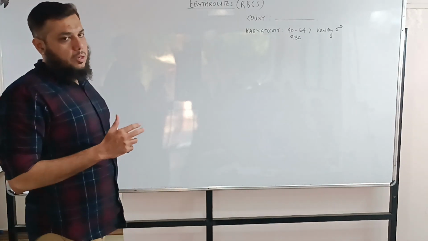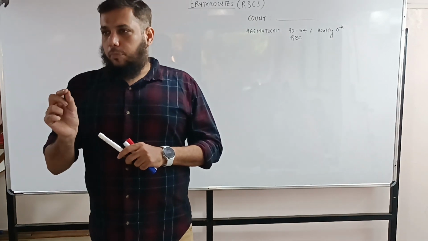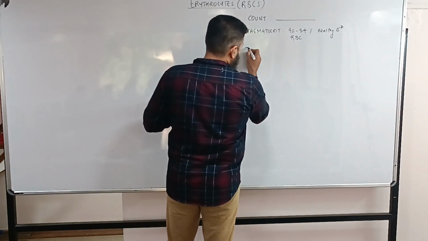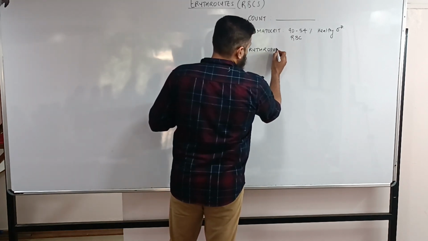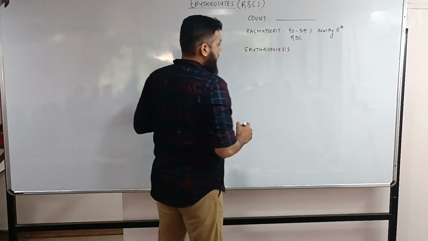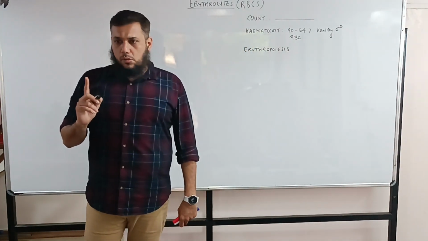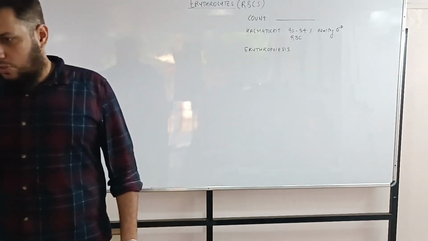Now, the process of formation of RBCs is called as erythropoiesis. The formation of total blood is called hemopoiesis.